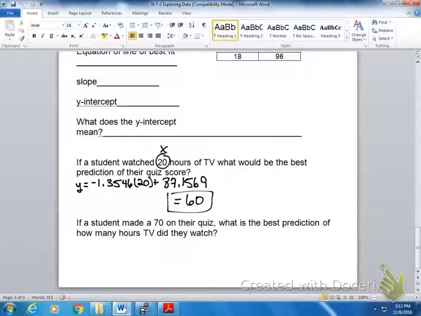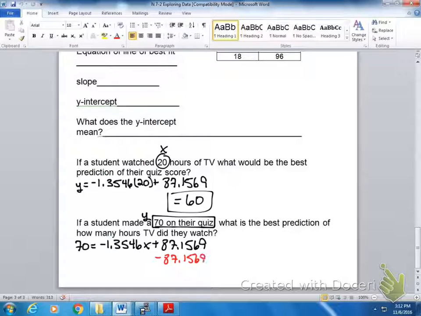The next one's backwards. It says if they made a 70 on their quiz. So that's a y value. So I'm going to have 70 equals my equation. Negative 1.3546x plus 87.1569. Now I just need to solve this for x, guys, and we're finished. So I subtract the 87.1569 from both sides.